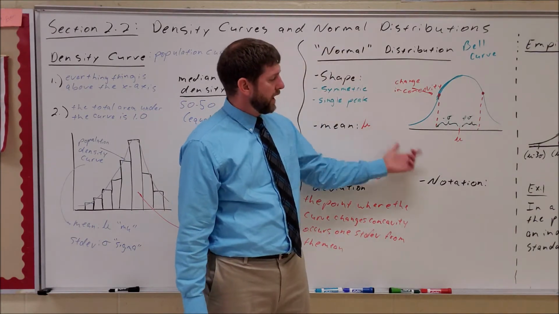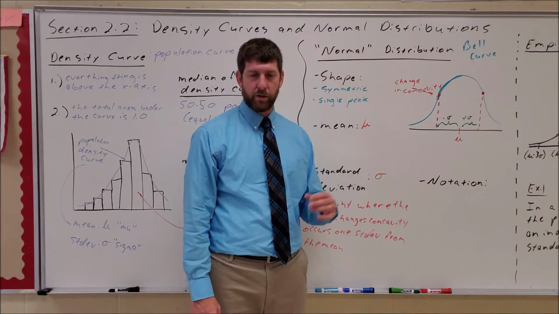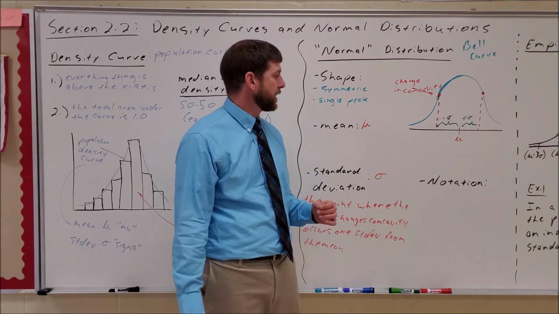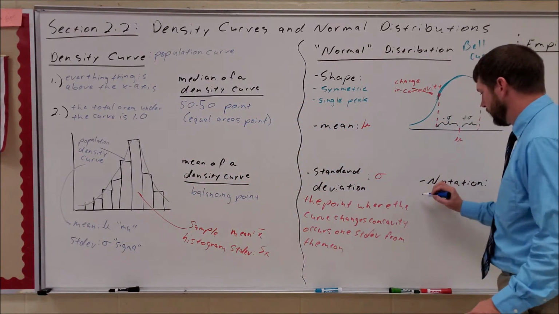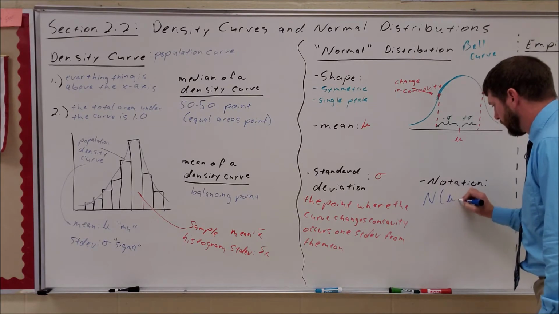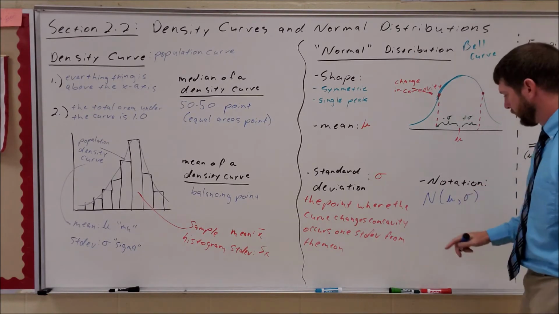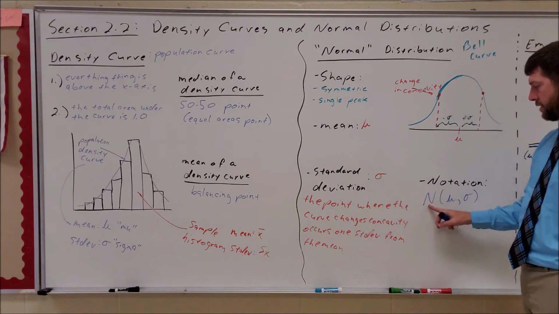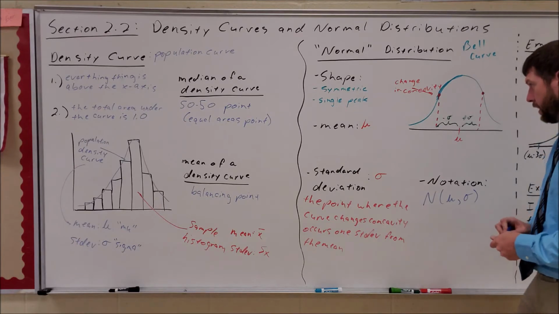All right, so now notation. Usually they'll say something like normally distributed with a mean of this and a standard deviation of that. But sometimes you'll see some texts that give you something like this. This just says the same thing: normal distribution with a mean of this and a standard deviation of that.